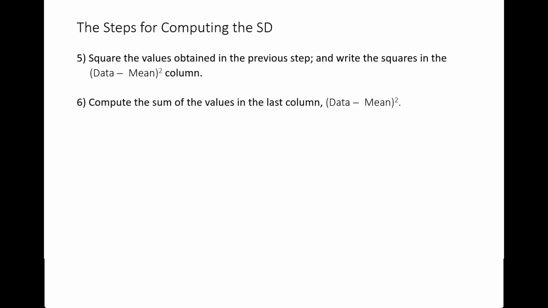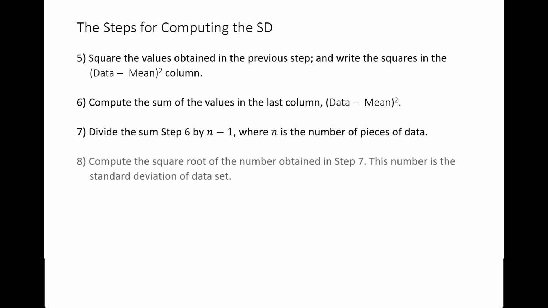Compute the sum of the values in that column. Divide the sum of step 6 by n minus 1, where n is the number of pieces of data. Compute the square root of the number obtained in the previous step. This number is the standard deviation of the data set.